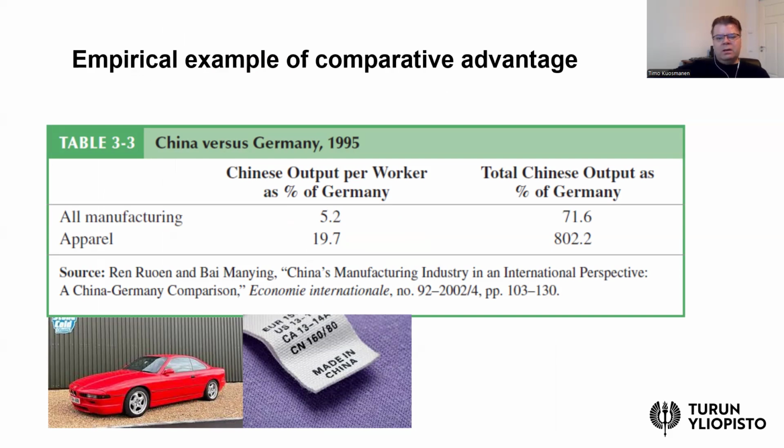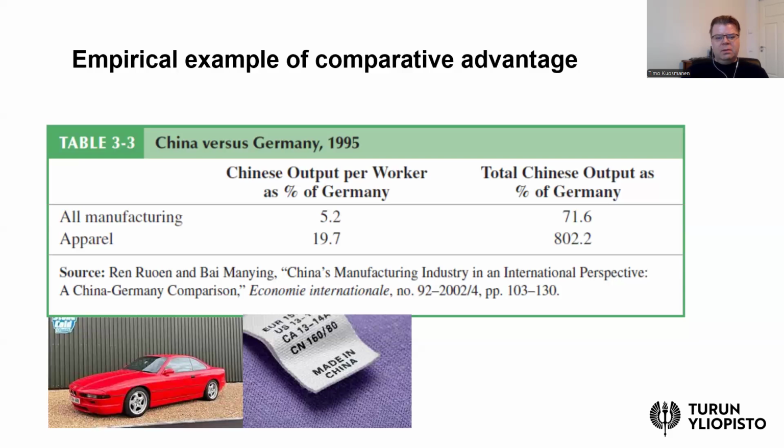This is from the Krugman et al. textbook, a little bit of a dated example from 1995, but those of you who can remember, during that time, Germany was considered a very advanced industrial economy, and China had only started its industrialization, but did not, for example, produce such high quality premium cars like Germany.